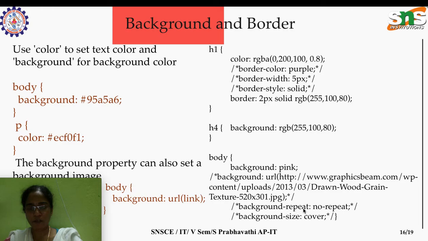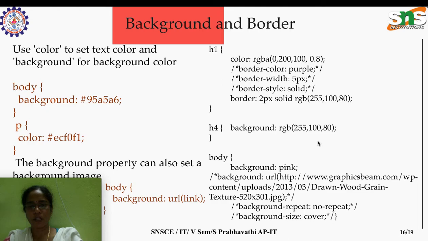Background-repeat no-repeat means if the image is smaller in size and not able to fill the entire body, only one image will be displayed. If I use repeat, the images will be repeated all over the body.